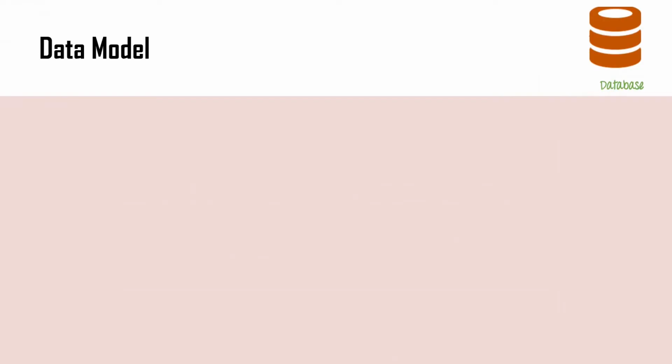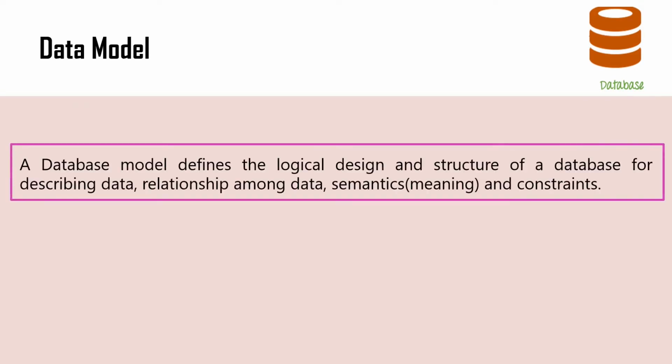So what is a data model? A database model defines the logical design and structure of a database for describing data, relationship among different data items, semantics and constraints. Semantics means metadata, that means data about the data, so that we can understand the meaning of that particular data.